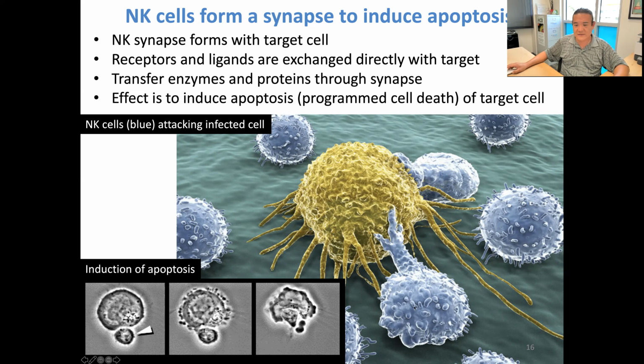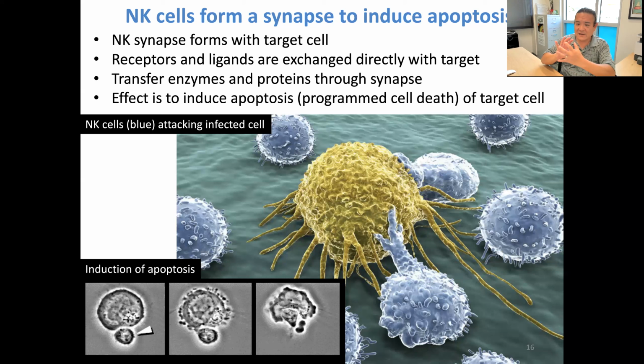So when these natural killer cells synapse, right, or press against another cell, there are many receptors on the NK cell that can detect weird signals that are being presented by the infected cell.